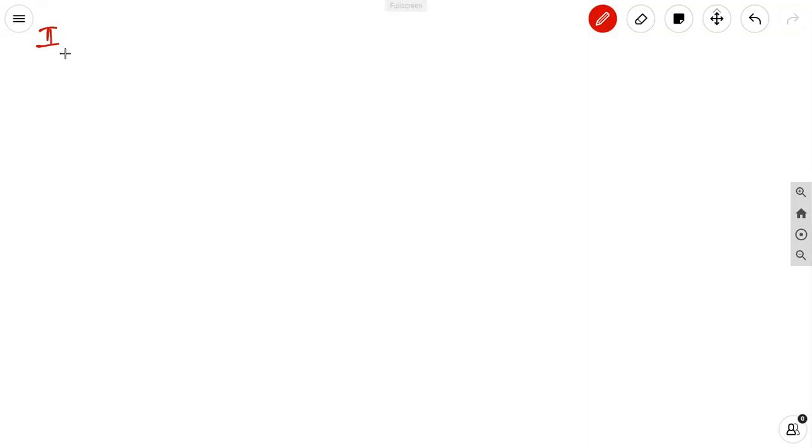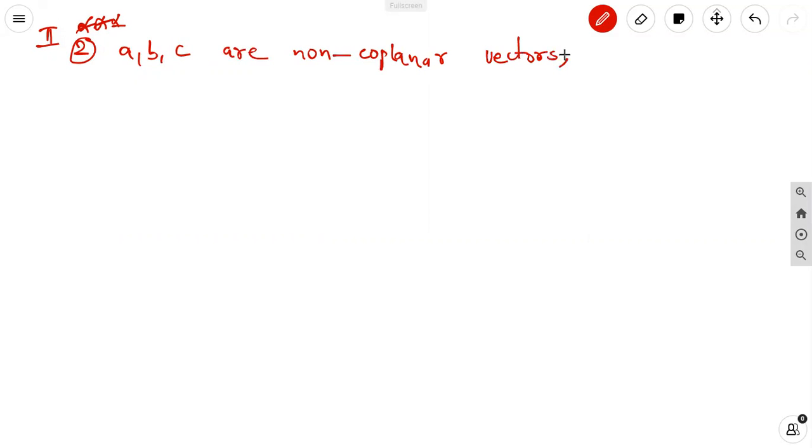In the second bit, the second problem is very important for a 4 marks question. a, b, c are non-coplanar vectors. Prove that the following 4 points are coplanar.